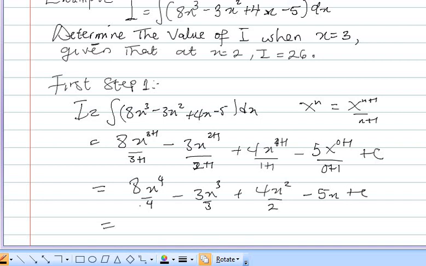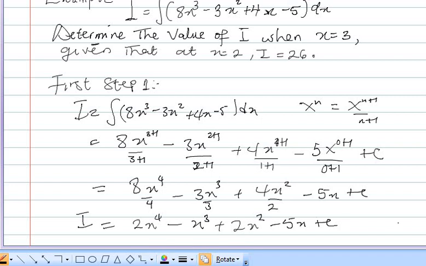So 4 by 4 is 1, that's x to the power of 4, 3 by 3 is 1, that's x to the power of 3, plus 4 by 2 is 2, that's 2x squared, minus 5x plus c. So our I is going to be equal to this. Step 1 is to just perform the integration.